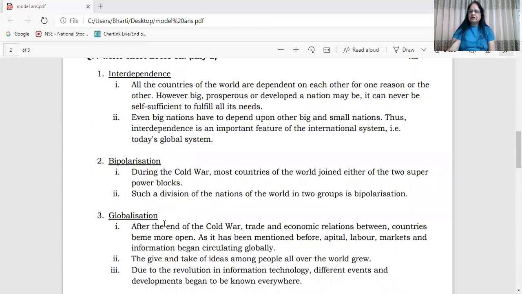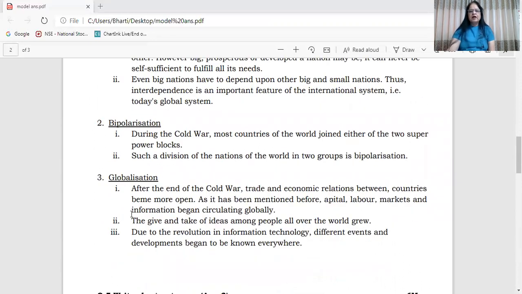Question number 3. Globalization. After the end of Cold War, trade and economic relations between countries became more open. Okay, here a spelling mistake is there in the model answer, but you know this spelling. As it has been mentioned before, it is capital, capital, labor, markets and information began circulating globally.